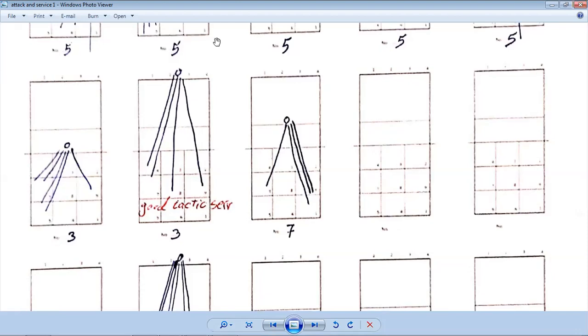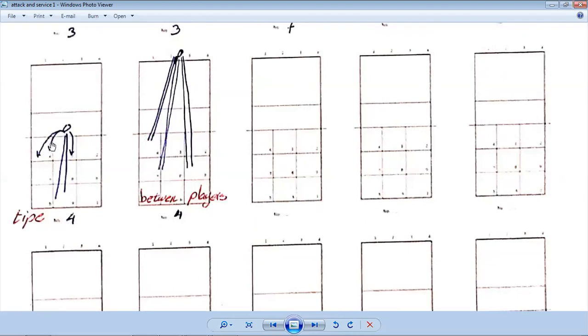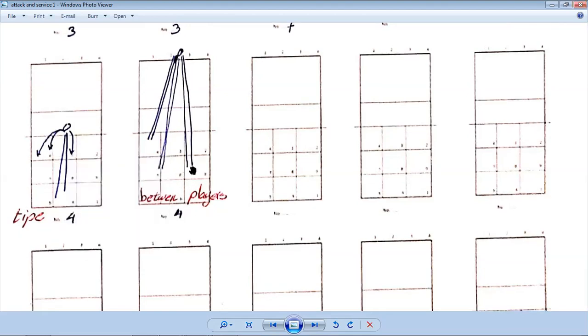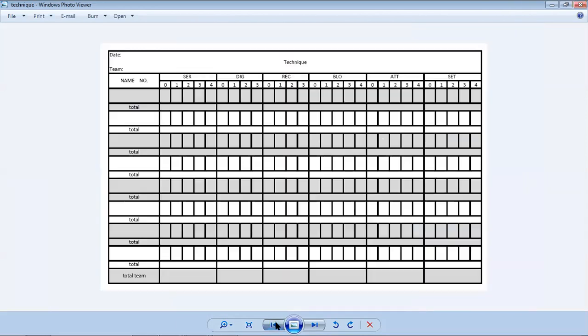Here I have another example, middle blocker, tips. Here we should take care about that. And of course, here, service between two players. This is an example, of course. And I have another one. Let me find that.